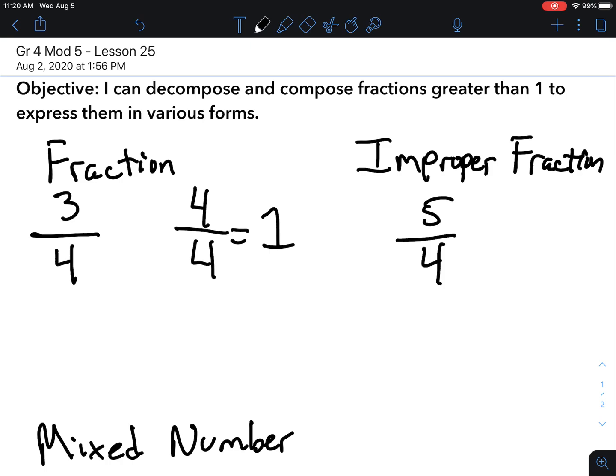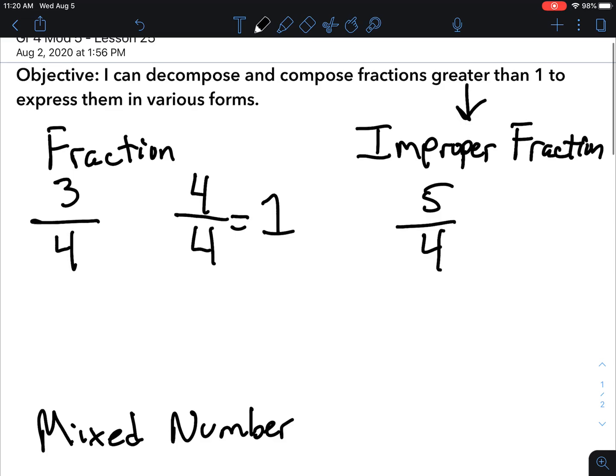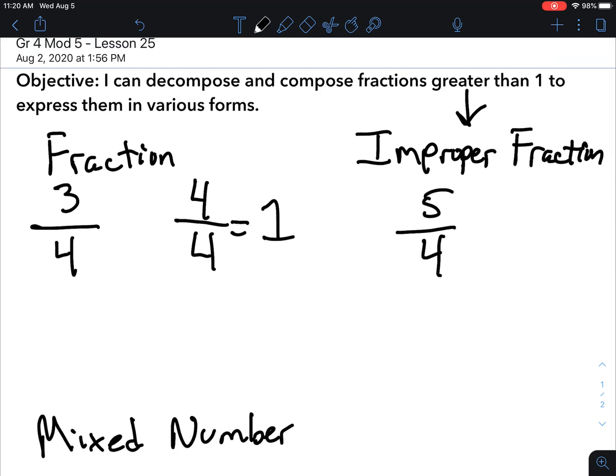But now what we did is we went above 1 whole, and that is what's called an improper fraction. Improper means bad or not right. So basically this is a fraction that's not normal, it's not right, because we know fractions are less than 1. But it is possible to eat 5/4 of a pizza. So I'll kind of explain that, and then I'll get us into what a mixed number is again.